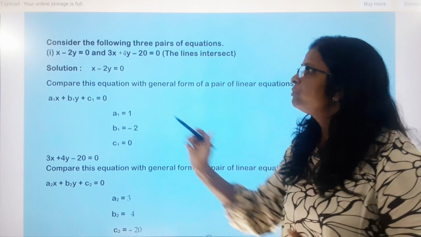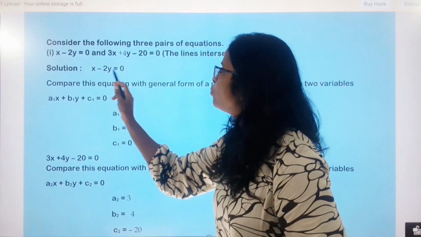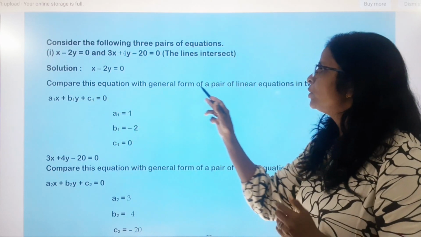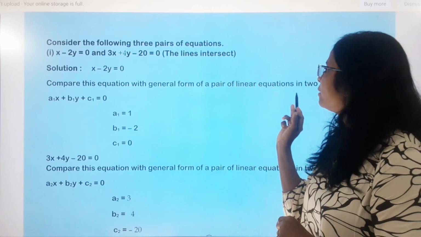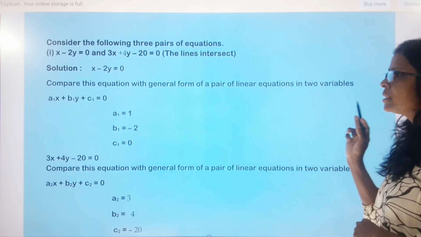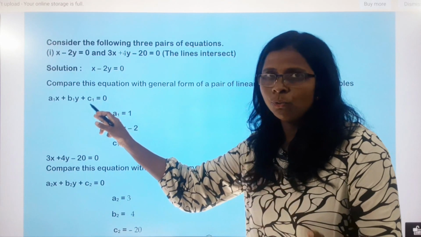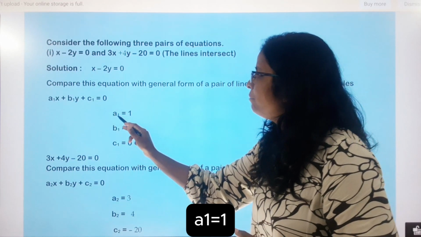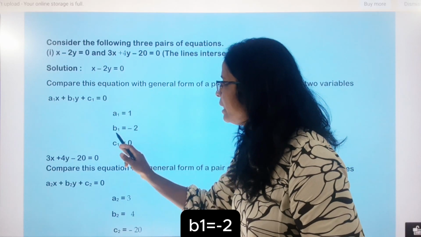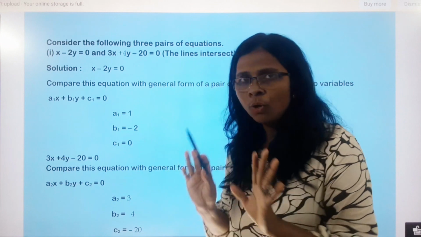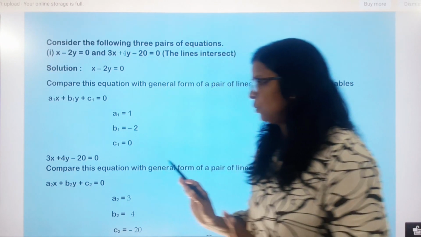So here the first equation is x minus 2y is equal to 0. So compare this equation with the general form a1x plus b1y plus c1 is equal to 0. So that means here a1 is equal to 1, b1 is equal to minus 2, c1 is equal to 0.